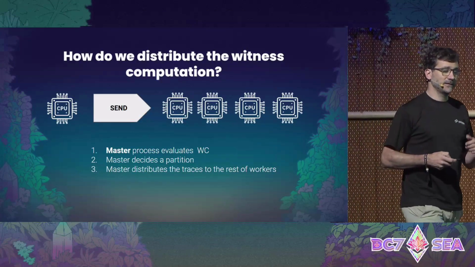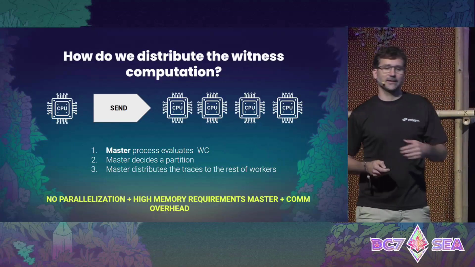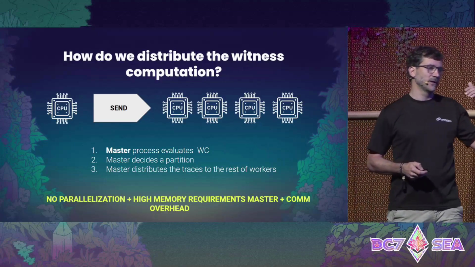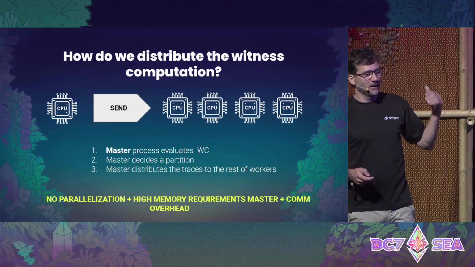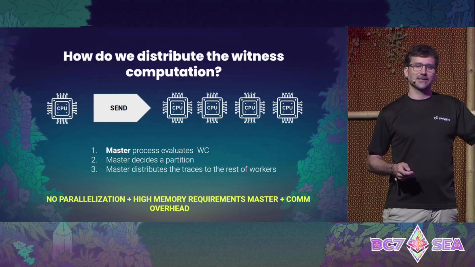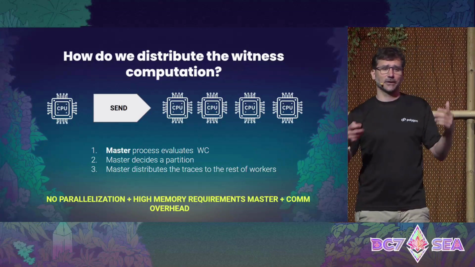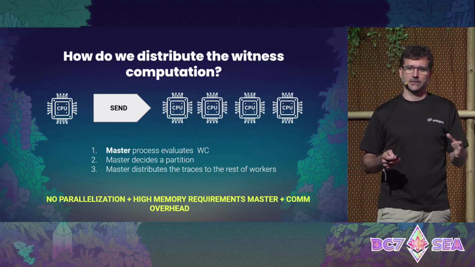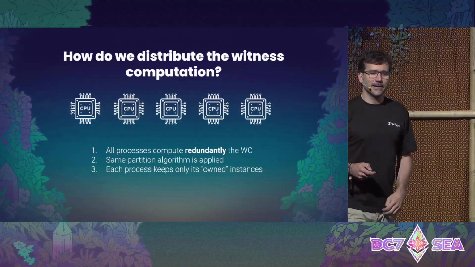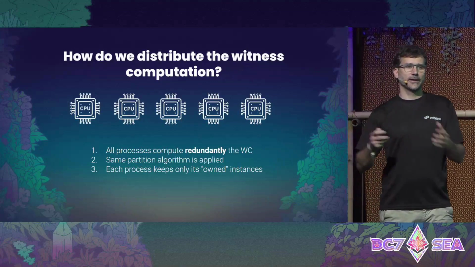Okay? This is a functional approach, but it's not scalable at all. So we are not parallelizing anything. We have a lot of memory requirements in the master process, and we are also adding a high communication overhead. So it's not a serious approach. Now, let's try to get rid of the communication costs.